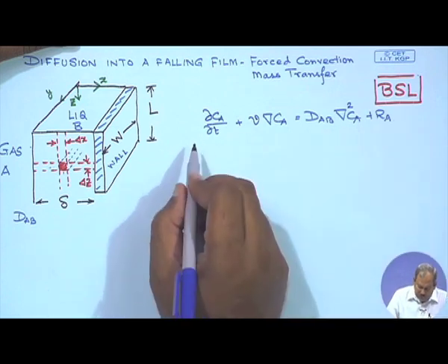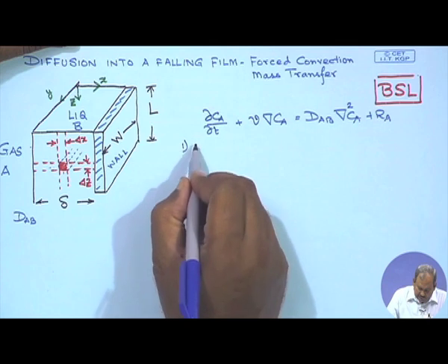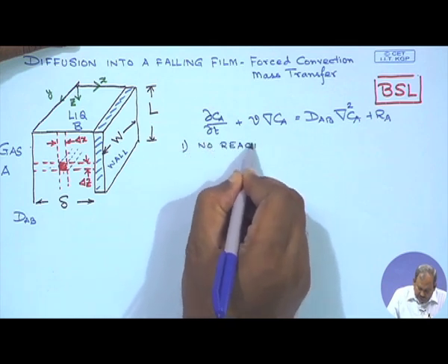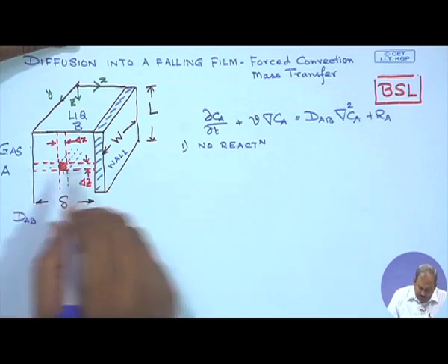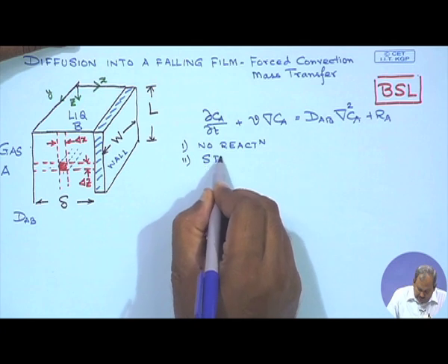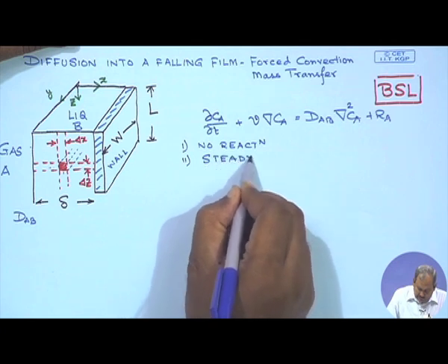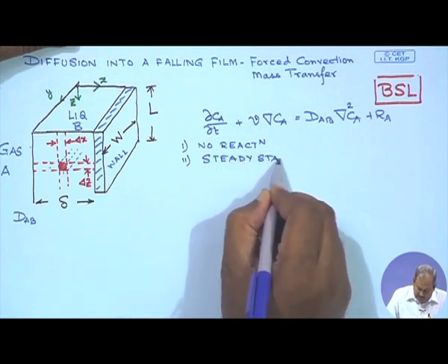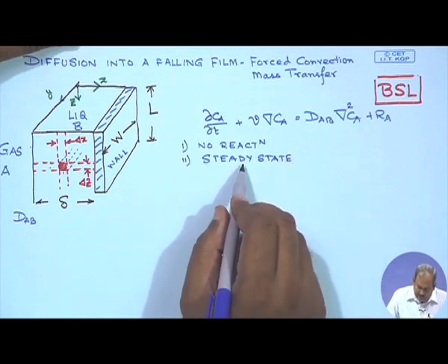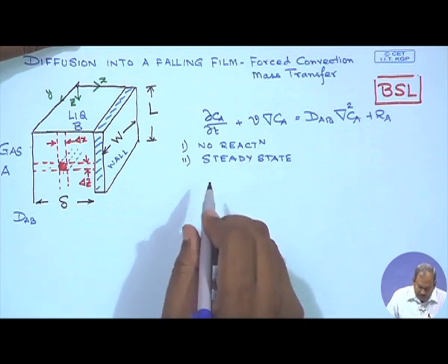So first of all, we are going to make certain assumptions. First off, there is no reaction. That means A does not react with B. So A and B are non-reacting to each other, and we have a steady state which is reached in this case. So we are solving the problem only at steady state.